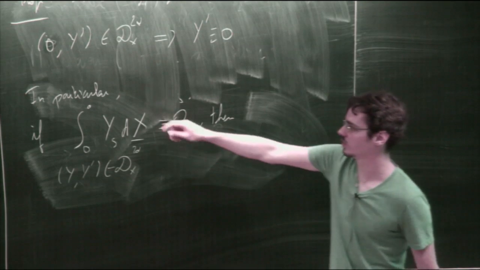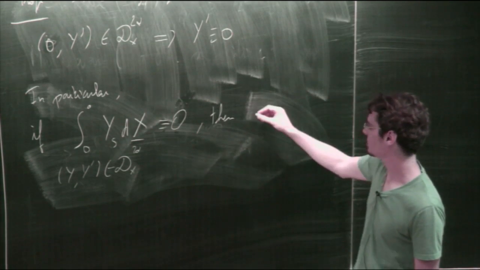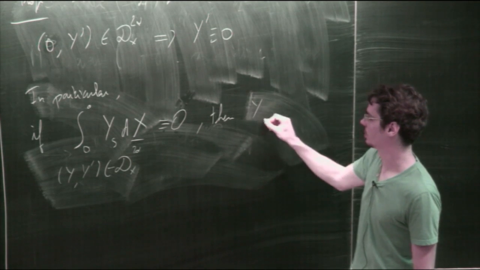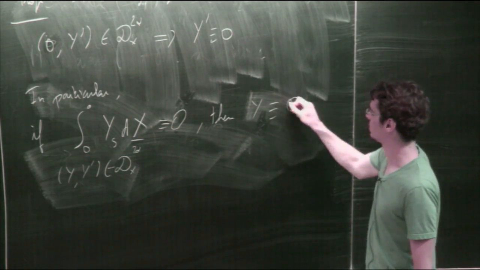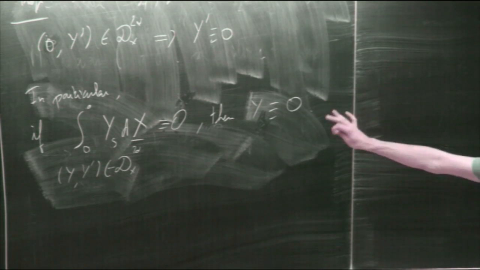Then the only way to have a 0 integral by integrating against x is to have a 0 integrand. So it's a purely deterministic statement.